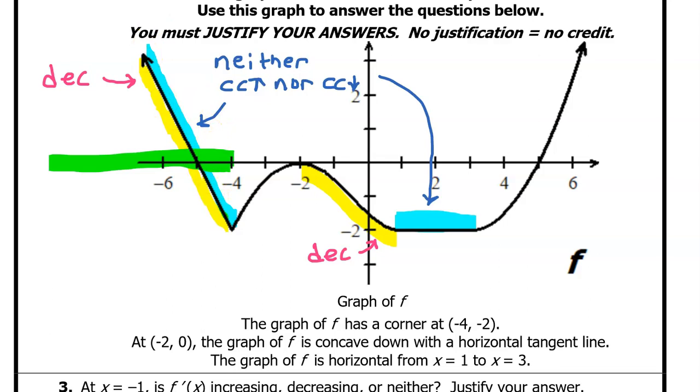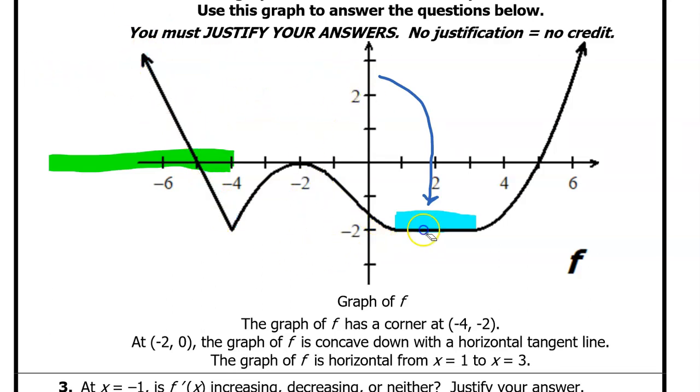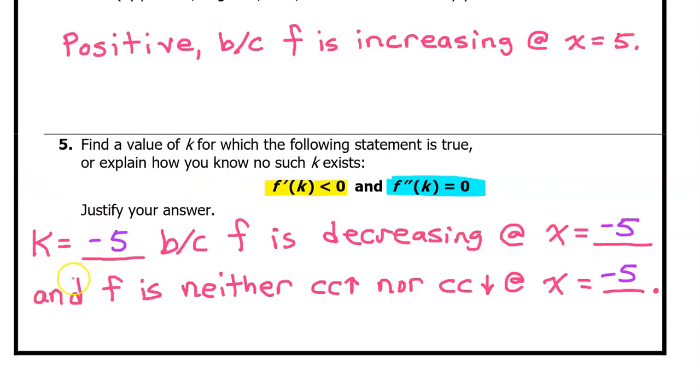So we just need to pick an x value from this green interval. So how about negative 5? So we could say k equals negative 5 because f is decreasing at x equals negative 5 and f is neither concave up nor concave down at x equals negative 5. Of course, I could have also picked negative 6 or negative 7, etc.